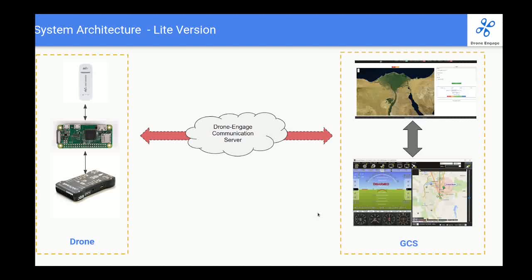On the other side, we will find the ground control station that consists of two parts. The first part is the web client. This web client connects to the Drone Engage communication server and receives data from the drone and sends commands to the drone.